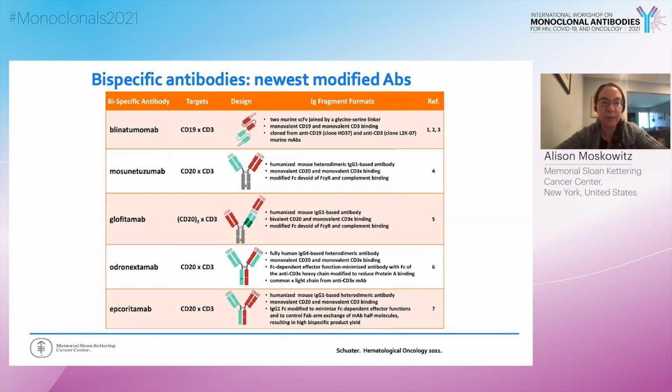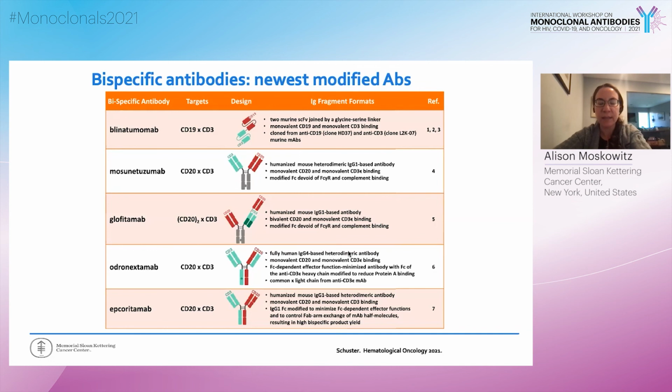There are various different bispecific antibodies that have been developed, and a summary of them is shown here. They differ a little bit in whether or not they have a constant region, how the constant region is developed, and the ratio between variable regions for CD20 versus CD3.